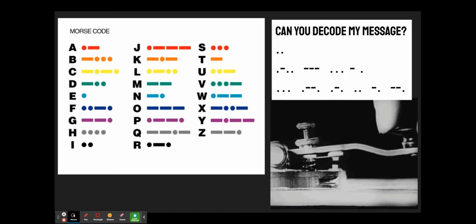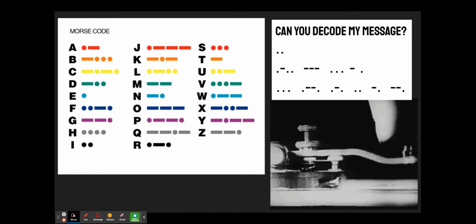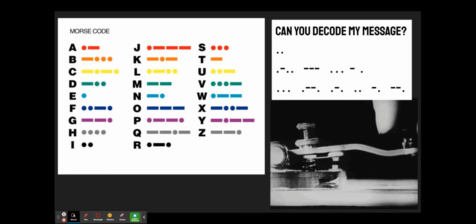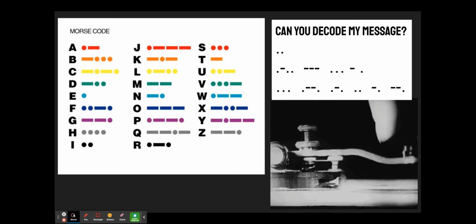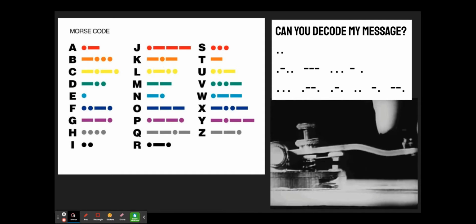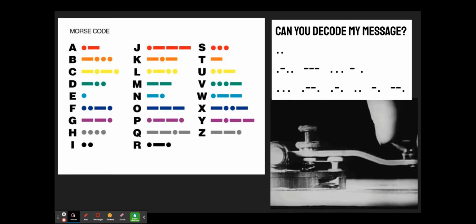But Morse code took our English language and transferred each letter into a series of dots and dashes. And those dots and dashes had a visual code like the one you see on the screen.